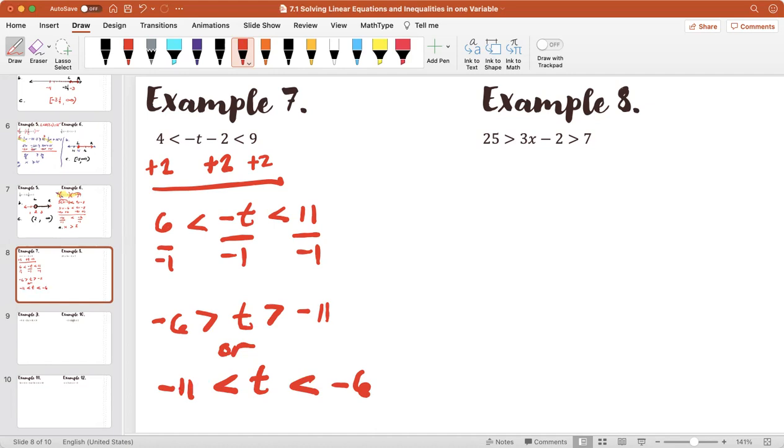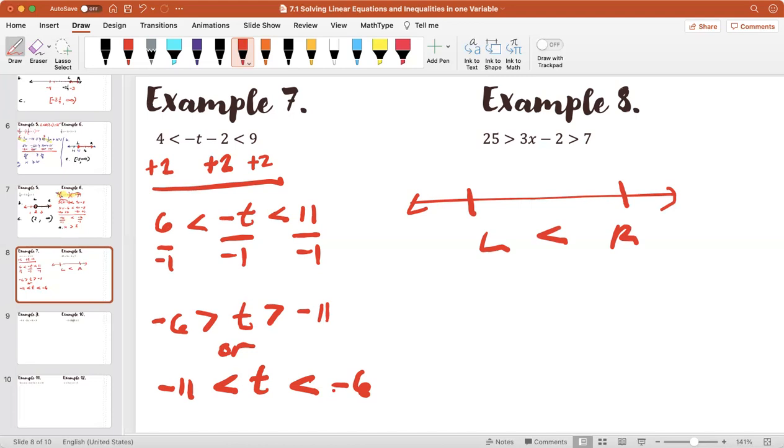Negative 11 being the smaller, right? And then, of course, negative 6 being higher. Because when you write numbers on a number line, whatever number is at the left is always smaller than the number at the right, all right? So always make sure that when you write your inequality, it's consistent with your number line.